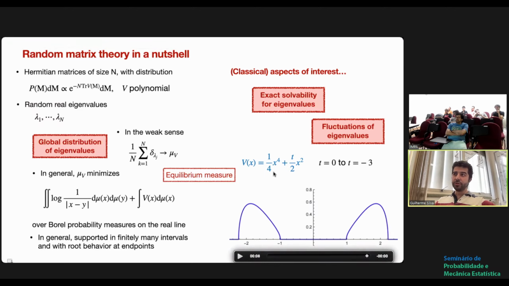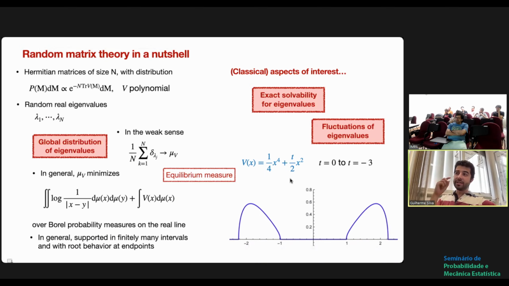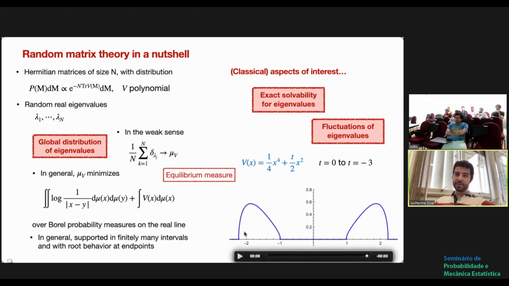In the picture I showed you for t equals 0, the density of this equilibrium measure was supported in a single interval. When t started to be negative, for instance t equals -3, the density was supported in two intervals that you see here.